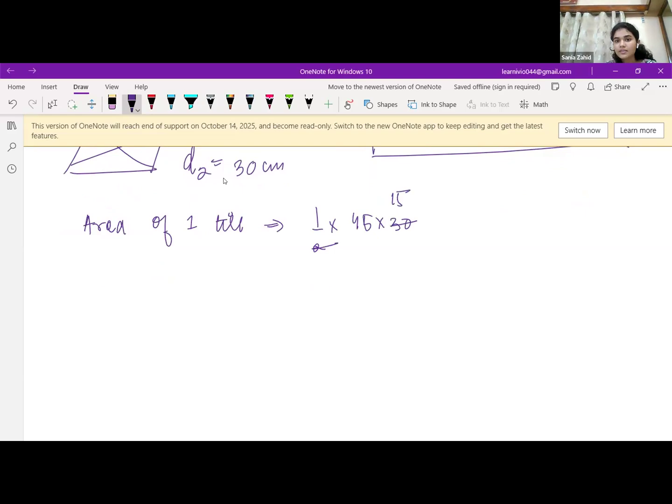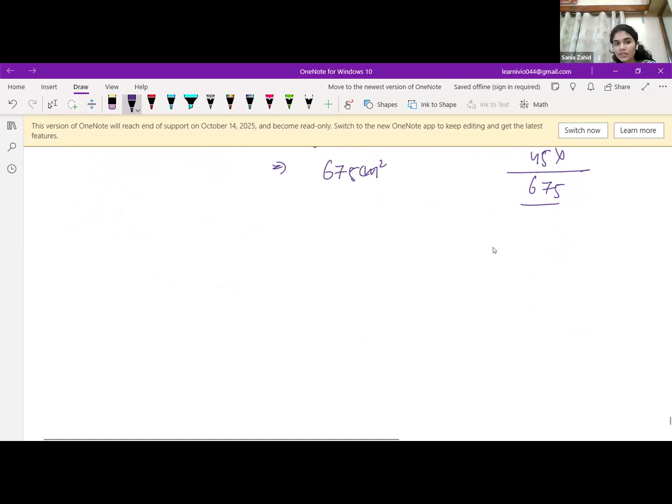Cancel this, you get 15. You multiply 45 and 15. 675. 675 is correct. Centimeters. Now, children, what is the total area?